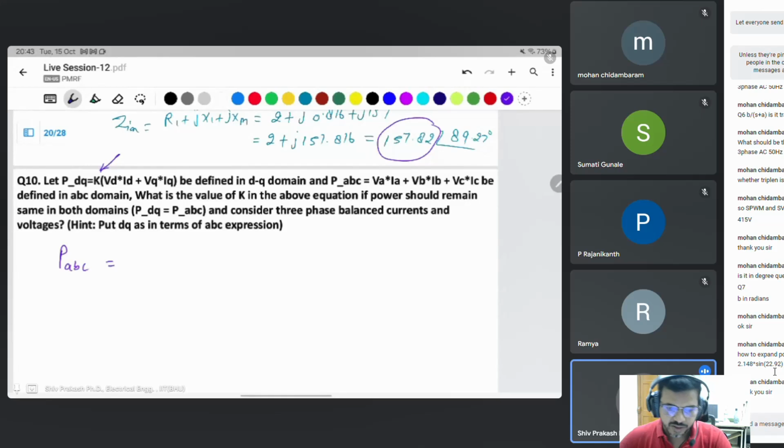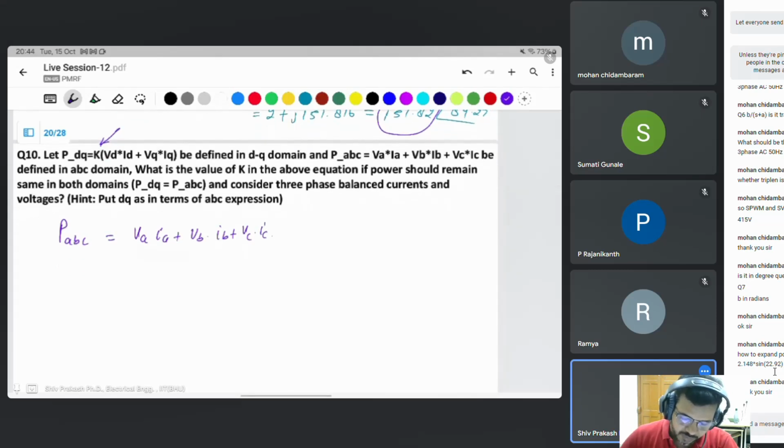In a simple way, I have written it like this. P abc is Va Ia plus Vb Ib plus Vc Ic. This can be written in matrix form with Va, Vb and Vc, and Ia, Ib and Ic. Because it is 1 cross 3, this will be 3 cross 1.